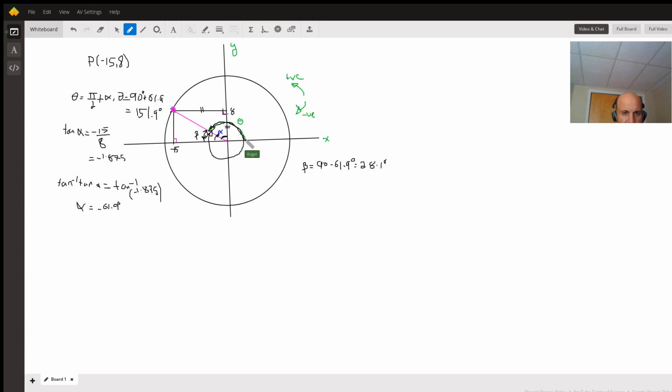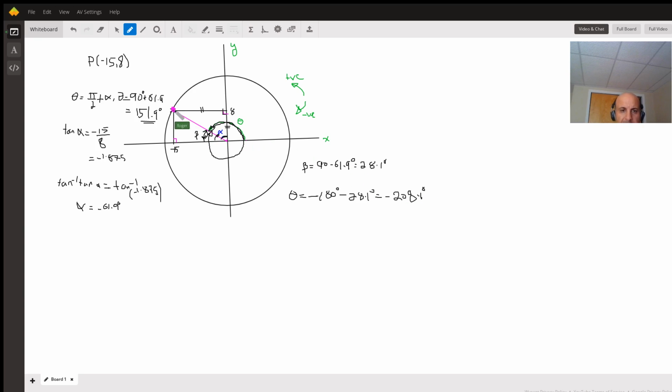So it's either theta equal 151.9 or rotation from the other way, theta equal minus 180 degrees minus 28.1 degree, equal to minus 208.1 degree.